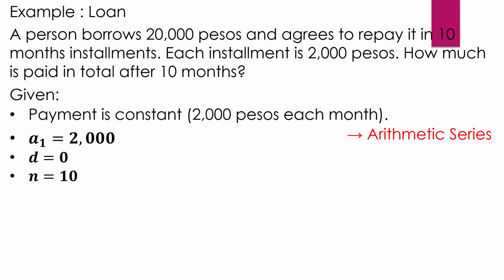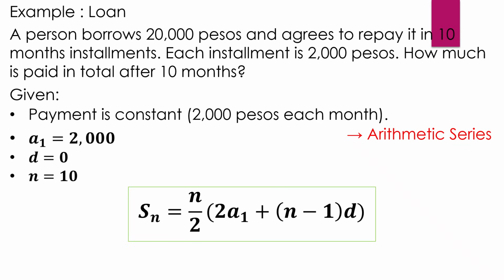The nth term that we're looking for is the total payment after 10 months, which is the installment period of 10 months. So the formula that we're going to use is this one. Let's solve using this formula.